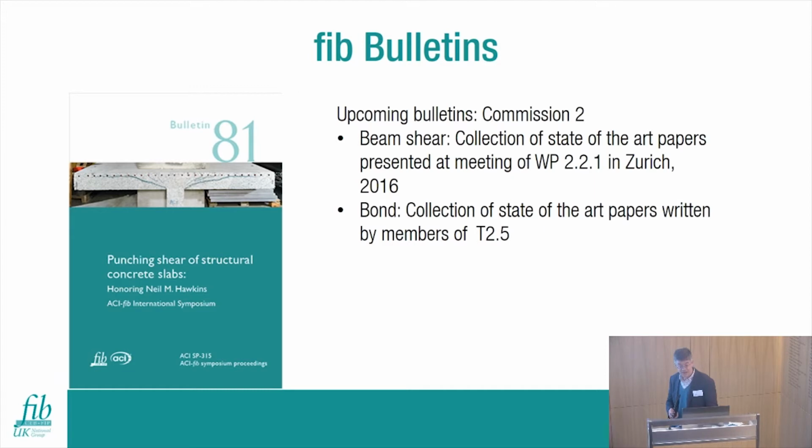The other output of the commissions are FIB technical bulletins, and here I've just listed two upcoming bulletins from Commission 2. The first now published is on beam shear, and then the other is on Bond. So these are a collection of state-of-the-art papers, largely written by members of the task groups.